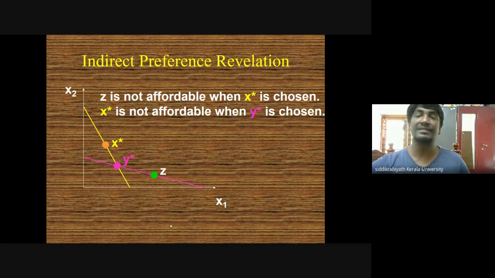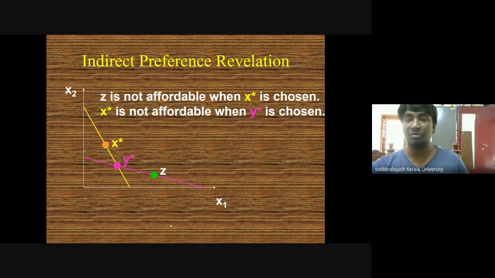If that is the case, then what happens? Immediately it implies that when x and y are available, x is chosen. At the same time, when y and z were available, y is chosen. So y is superior to z, but y is rejected while x was available.